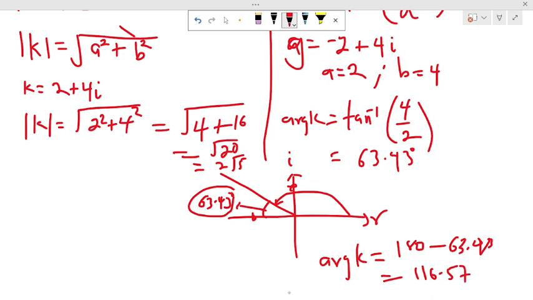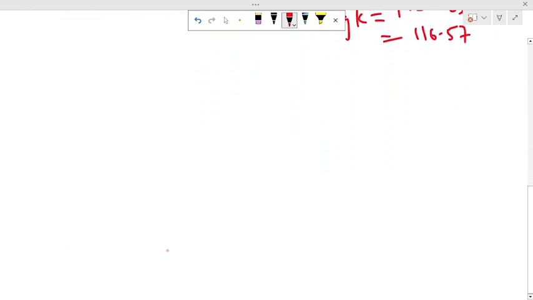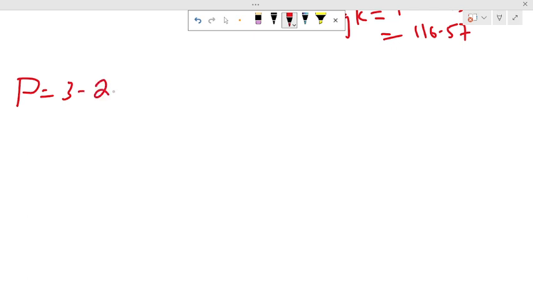Now let's take another example. Suppose we have a complex number p equal to 3 minus 2i. Then we are asked to find the argument. We all know how to find the modulus now. The modulus is going to be the square root of 3 squared plus 2 squared, right?